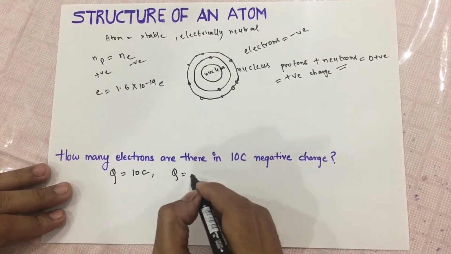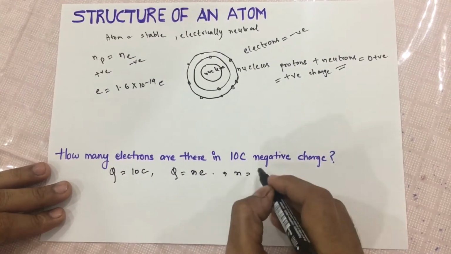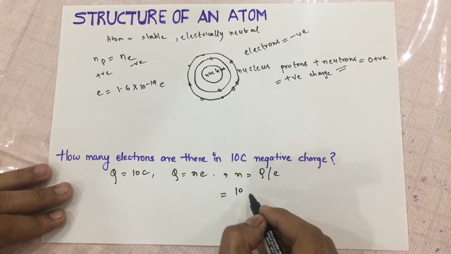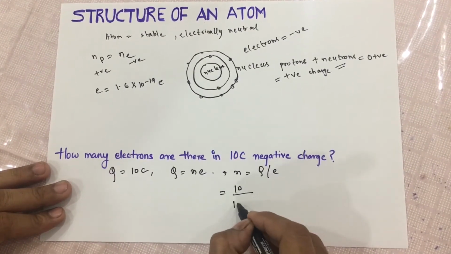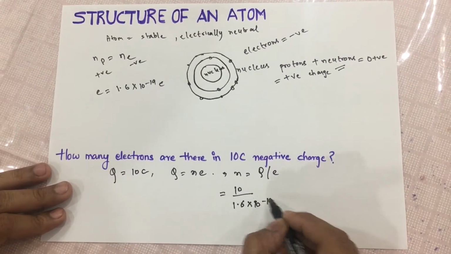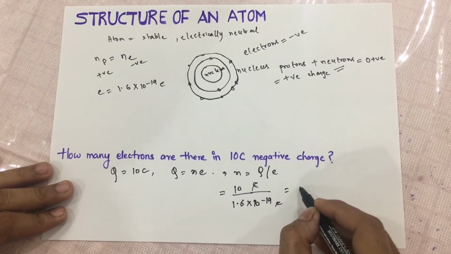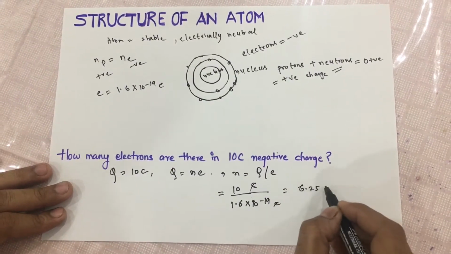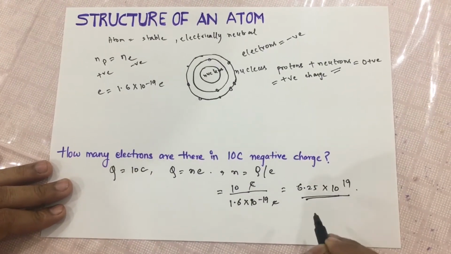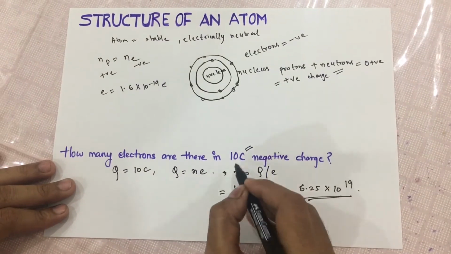So Q can be written as N times e, or N is equal to Q by e, where Q is 10 coulomb and e is 1.6 × 10^-19 coulomb, which is equal to 6.25 × 10^19. So this number of electrons gives a total of 10 coulomb of negative charge.